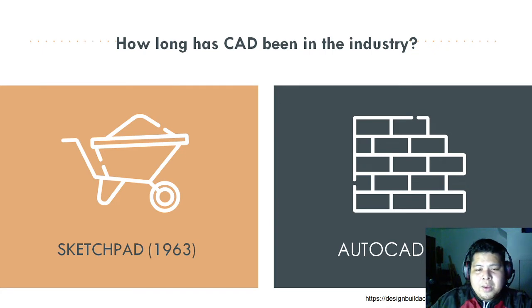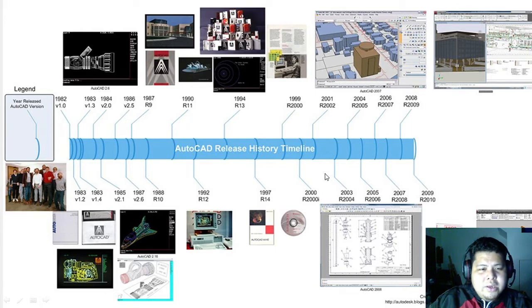But AutoCAD itself, the brand made by Autodesk, was introduced to the public in 1982. Here in your screen, you can see a brief timeline of how and when the AutoCAD program started. As mentioned earlier, the very first version was introduced to the market in 1982.